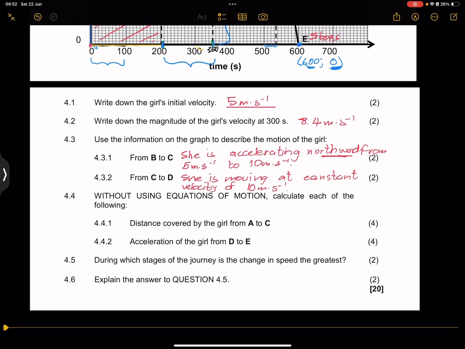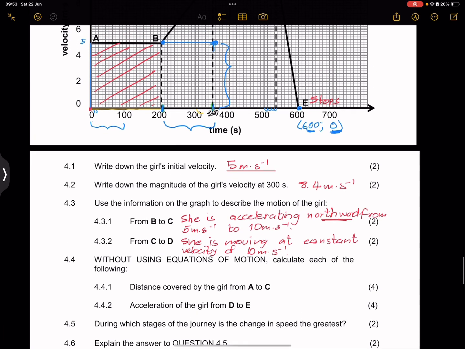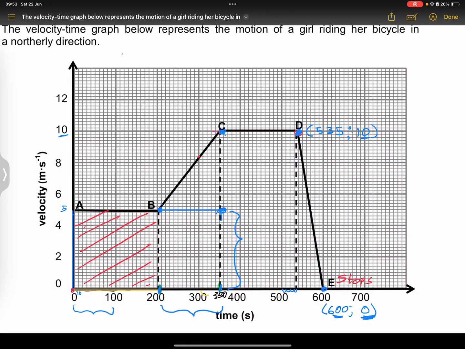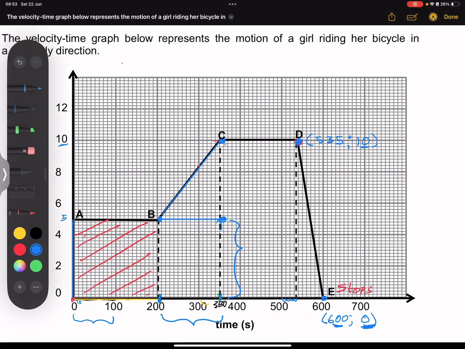All right, now let's go to the next question. They say, during which stages of the journey is the change in speed the greatest? I want you to note that in this case we're talking about a change in the speed. We changed from 5 to 10 between B to C, but here we changed from 10 to 0 in a very short space of time.